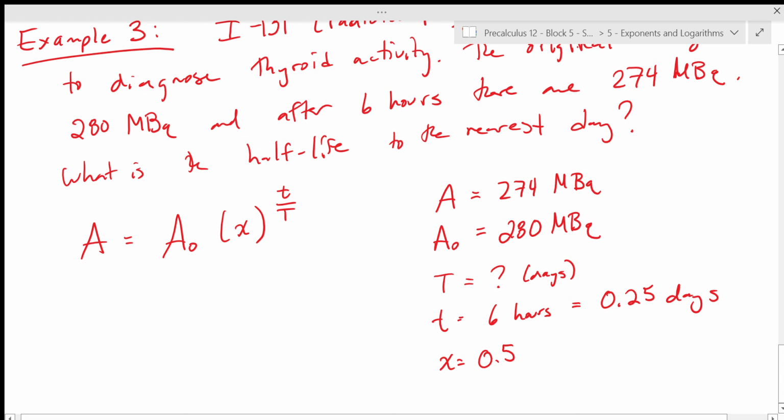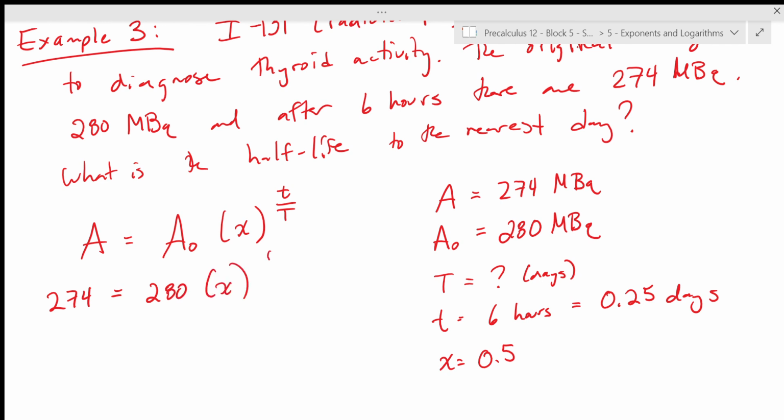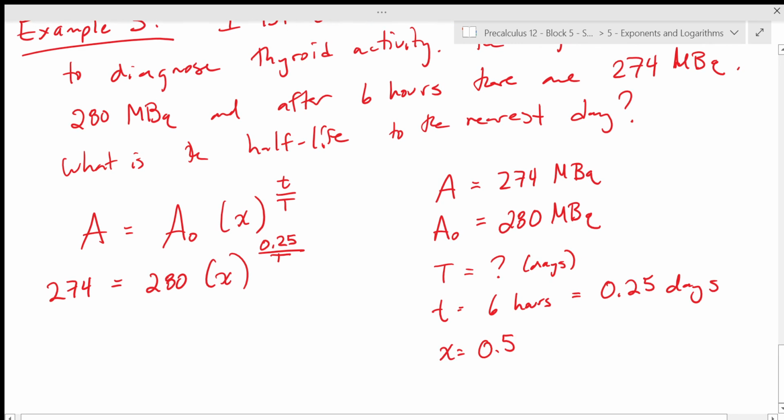Okay, so now let's plug in our values. We have 274 equals 280 times X to the 6 hours, which is 0.25, over big T. And our X we're going to replace with 0.5. Now we're going to do 274 divided by 280, and we probably want to keep that a relatively big number.